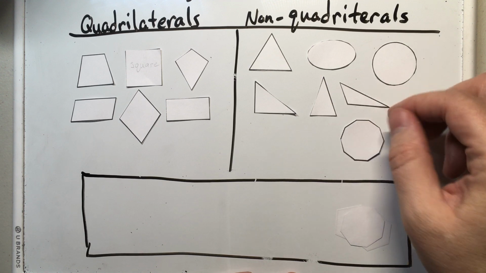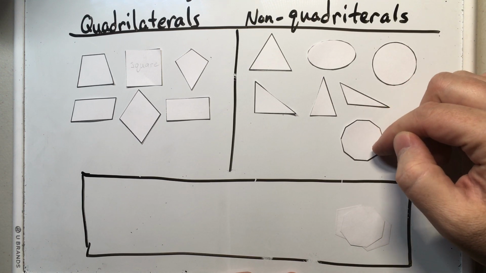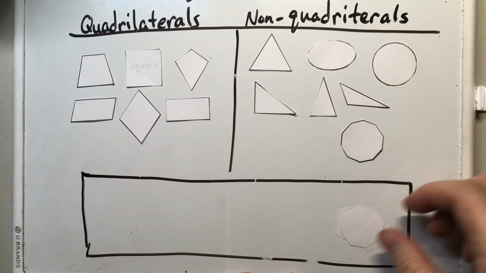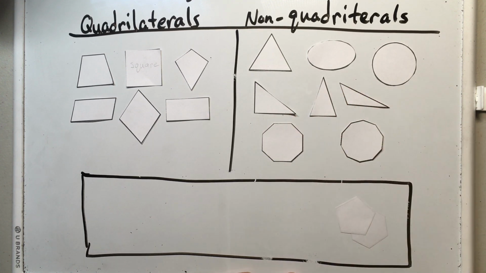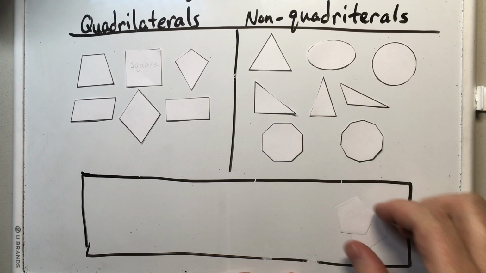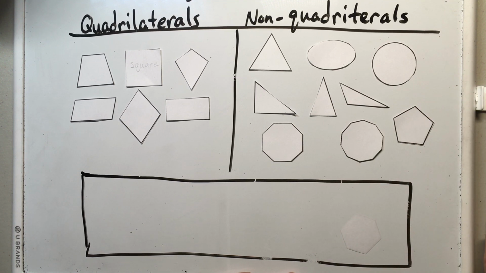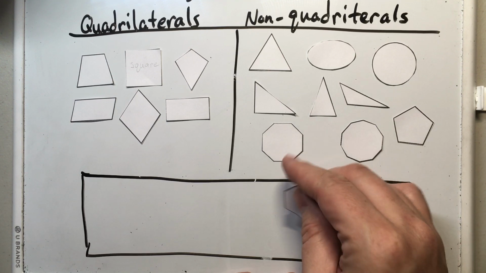Okay. Is this my decagon or my octagon? 1, 2, 3, 4, 5, 6, 7, 8. This is my decagon. Here's my hexagon. Pentagon. That's not my hexagon.